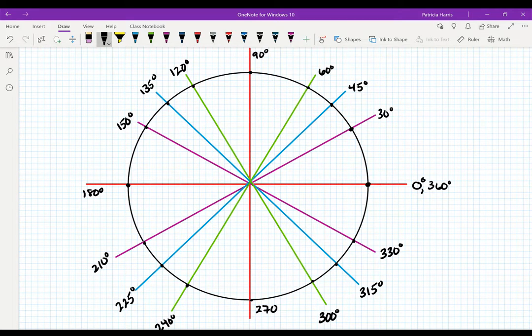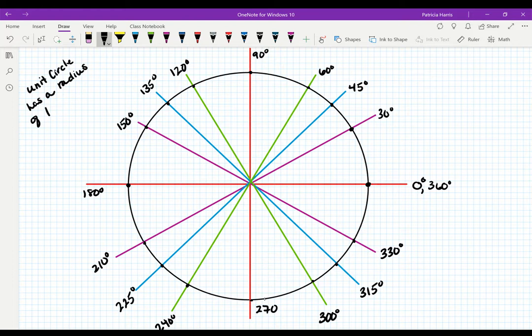So this coordinate right here, okay, let's back up. A unit circle has a radius of 1. Okay, so this from here to here, this is the point (1, 0).